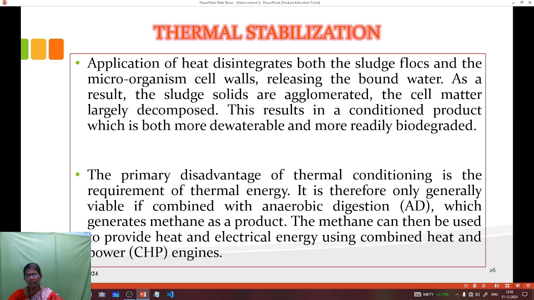The methane can be used as a fuel to produce heat as well as electrical energy, and this can be done in combined heat and power engines. So this is a type of stabilization which can be done economically along with anaerobic digestion. This cannot be done separately, only with anaerobic digestion can this be carried out.